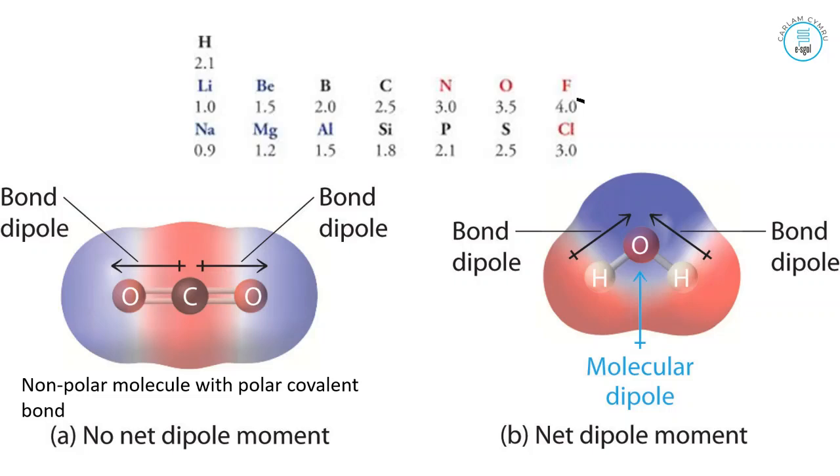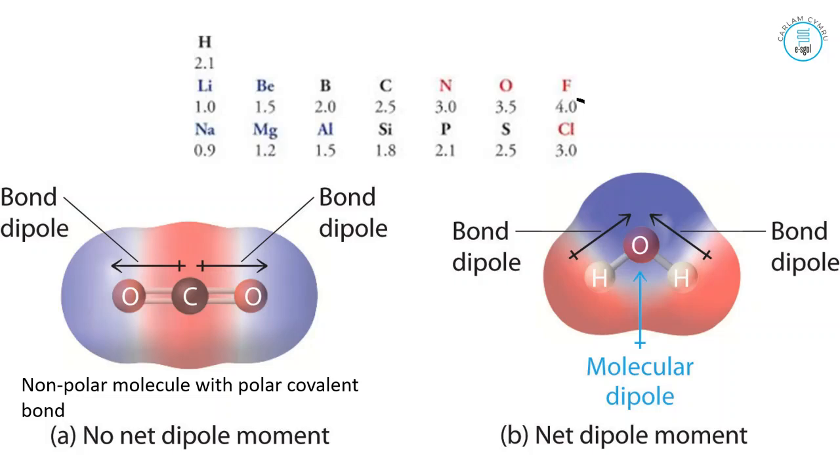It does have polar covalent bonds in, but because of the symmetry of the molecule and the vectors of the way the charges are being pulled, they cancel each other out. So there's not actually any side of the carbon dioxide molecule that's classed as being more negative than the other side. So we would describe carbon dioxide as a covalent molecule that has polar covalent bonds, but the molecule itself isn't polar.